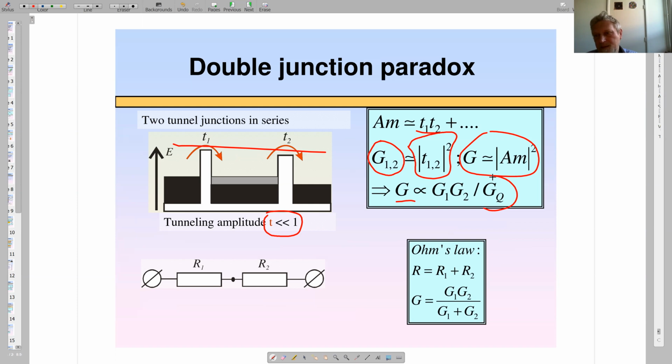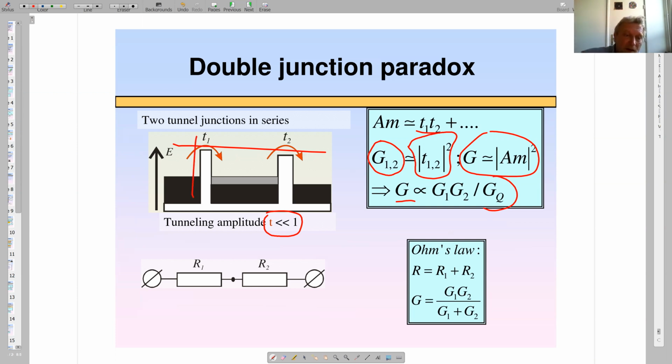Apparently, something must be wrong or misunderstood here, because we know how we combine elements in the usual electron transport.